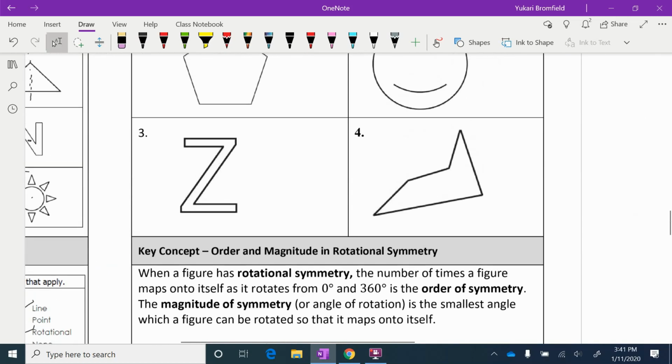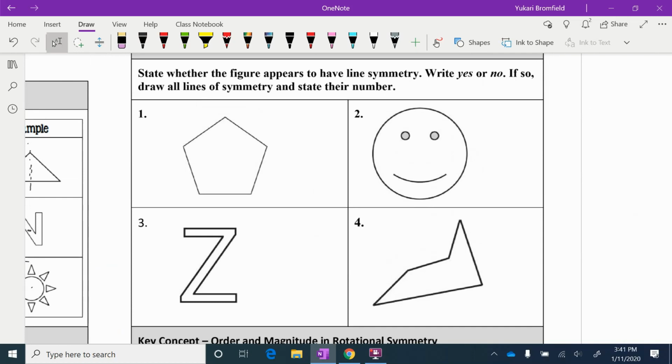All right. And then, so let's see if the figure looks like it's going to have a line of symmetry. Okay, and then if it does, so I want to write how many lines it would have. All right, so here I can draw this line here, and it would overlap if you fold.